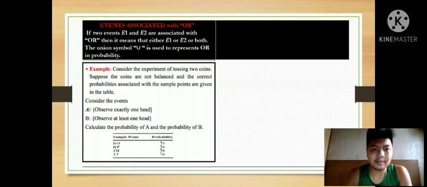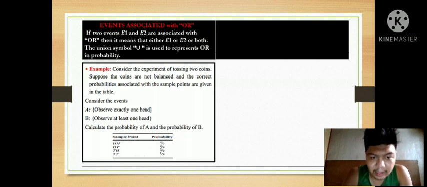Consider the events. A. Observe exactly one head. B. Observe at least one head. Calculate the probability of A and the probability of B. Sample point: head and head, the probability of it is 4 over 9.